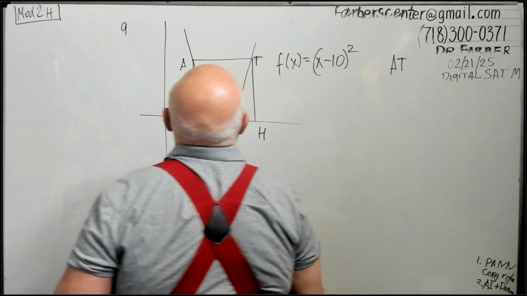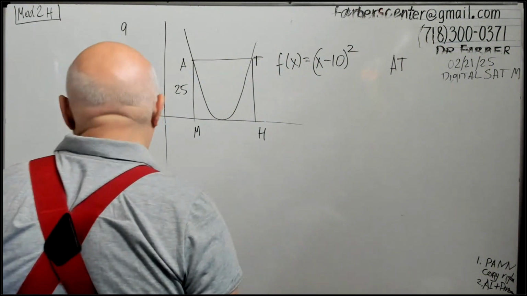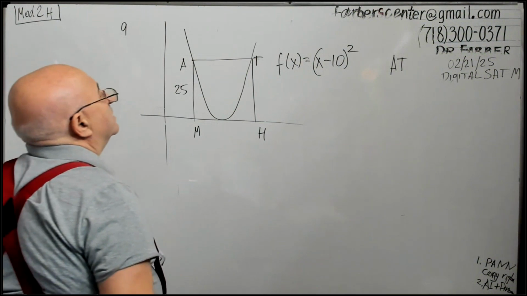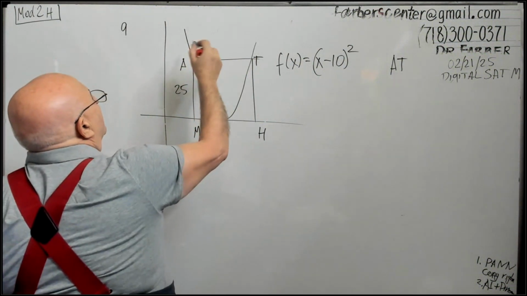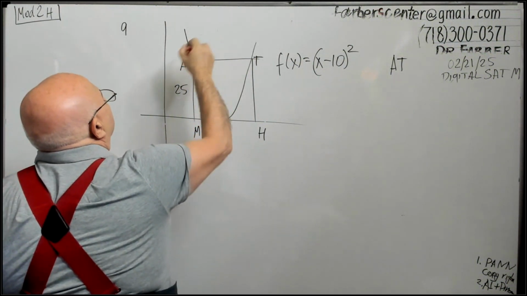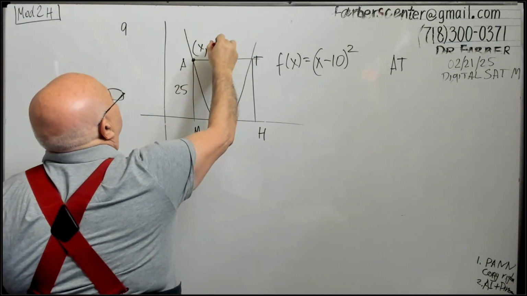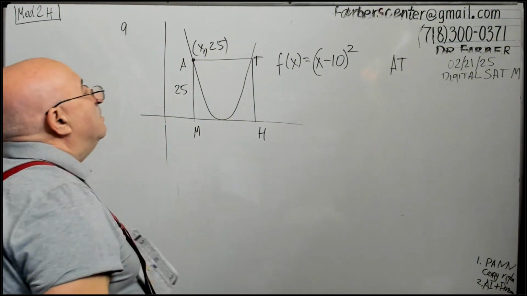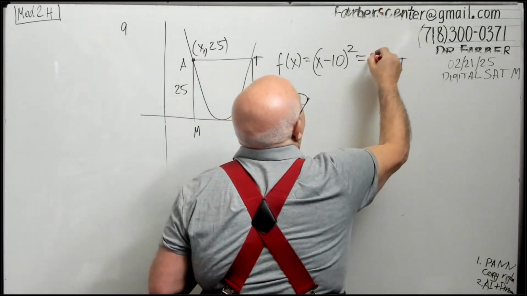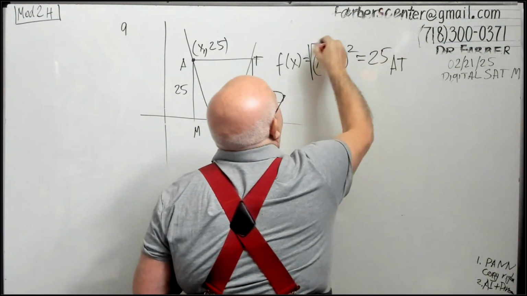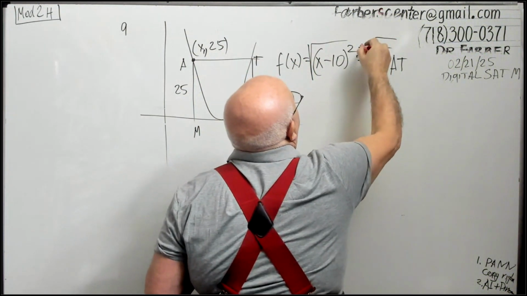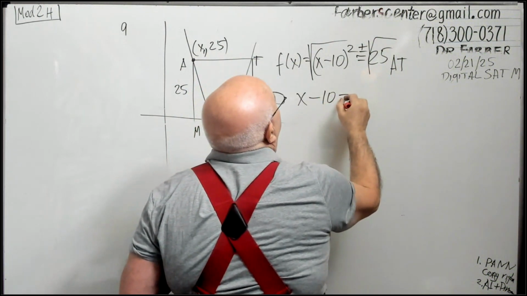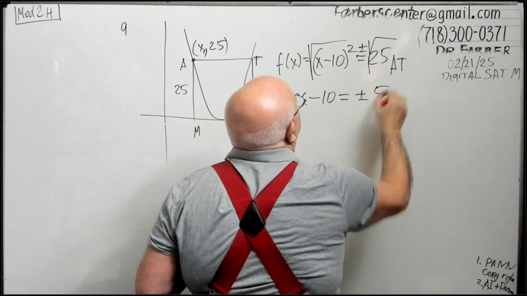And this point, okay, this point is, I don't know, x. This x1 and y25. And this x2 also 25. So this is equals to 25. If I take square root of both parts, I got x minus 10 equals to plus minus 5.